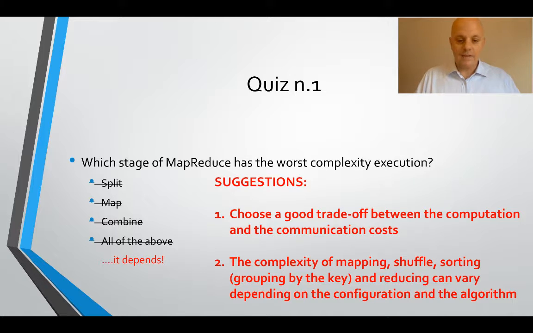Another important aspect is that the complexity of mapping, shuffling, sorting, and reducing can vary depending on the configuration and the algorithm. Here we're talking about the configuration of Hadoop as an architecture per se. We are talking about the configuration files. We are talking about the algorithm and how the architecture is called.